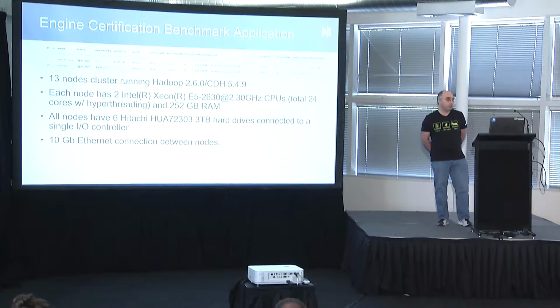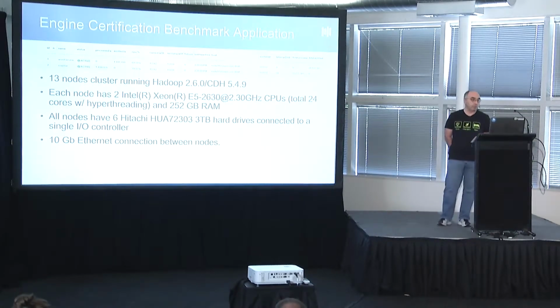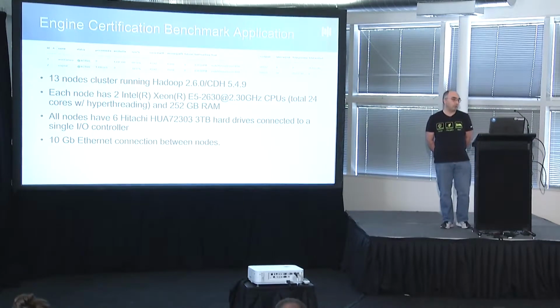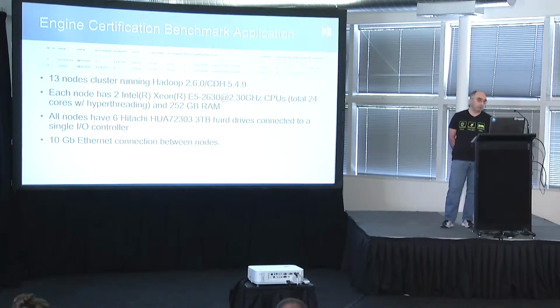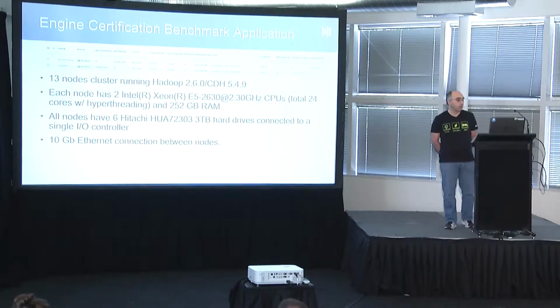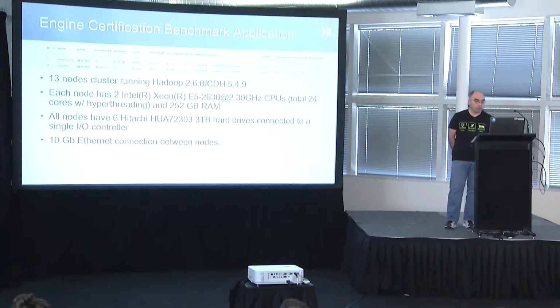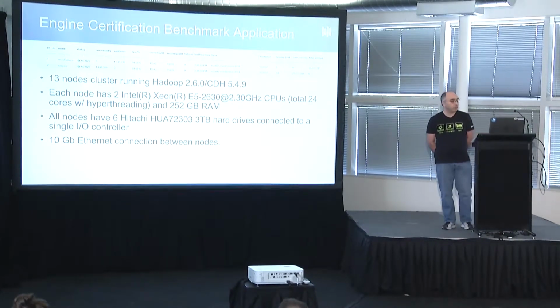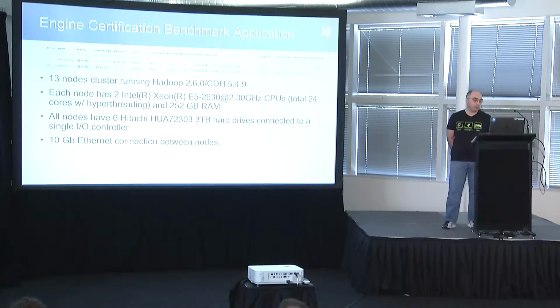So we run this application on our development cluster. It is a 13 node Hadoop cluster that runs Cloudera distribution 5.4.9, Hadoop 2.6. Each node is a Xeon with a 2.3 gigahertz processor, which brings the total number of CPUs with hyper-threading to 24.